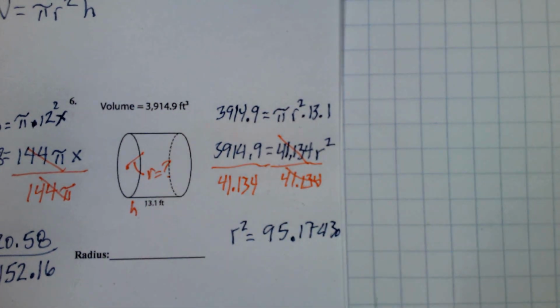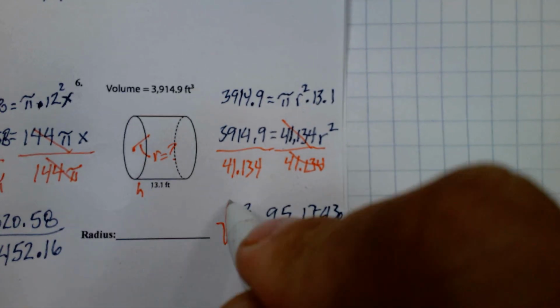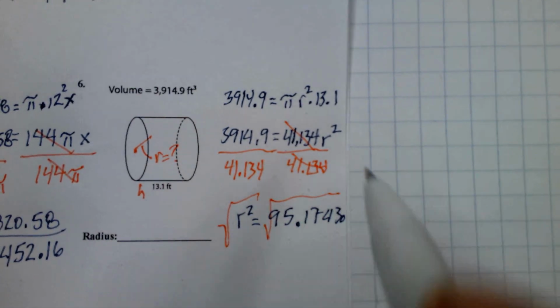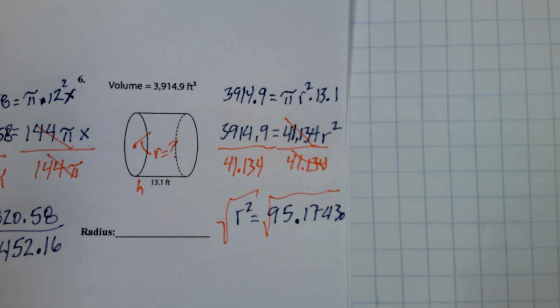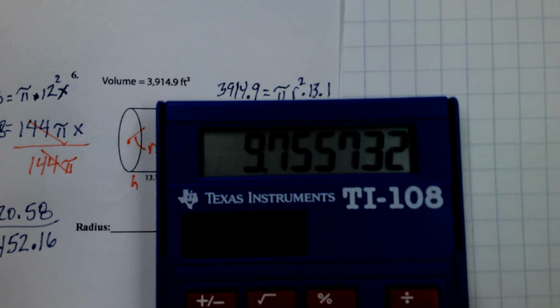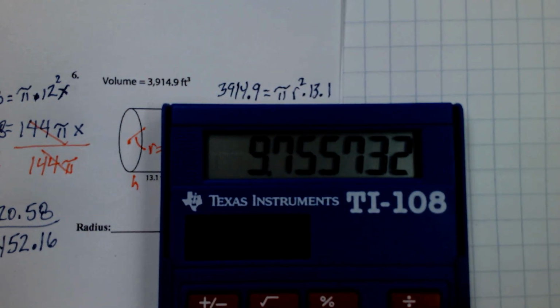Well, we're going to square root all of this. So it should be 9 point something. The square root of 81 is, let's make it 9.8.